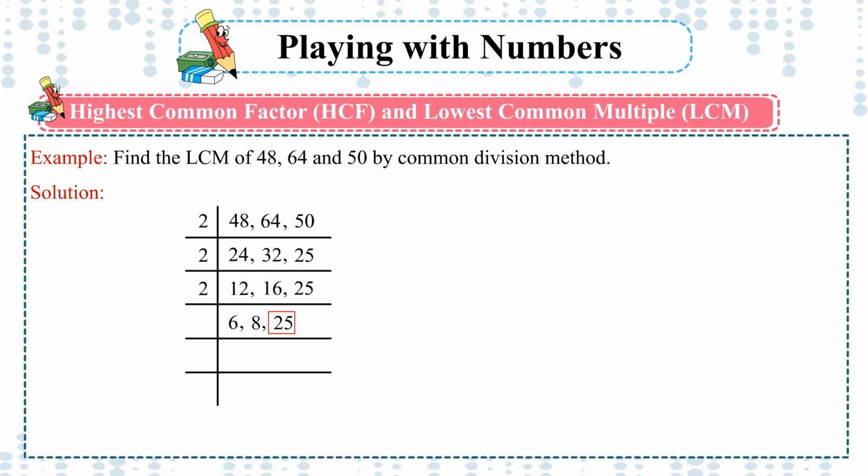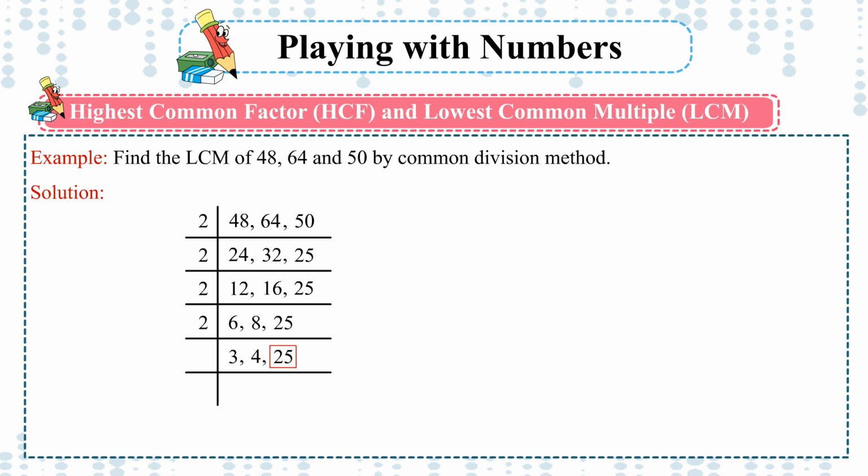The smallest prime number that divides 6, 8, 25 is 2, and 2 multiplied by 3 is 6, then 2 multiplied by 4 is 8, and 25 is not a multiple of 2, so we take it in the next row. Next is 3, 4, 25.